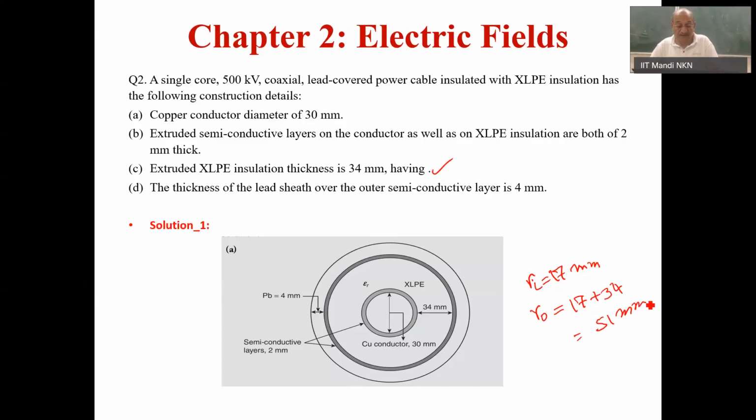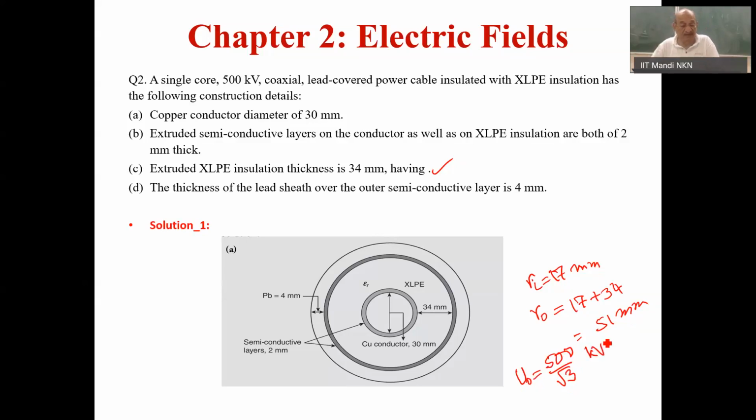If you have determined RO and RI correctly, then not much is left. And U naught, you can imagine, will be equal to 500 divided by root 3 kV.